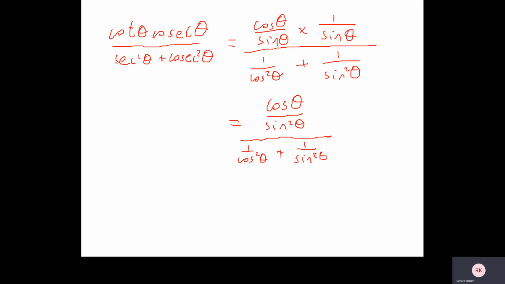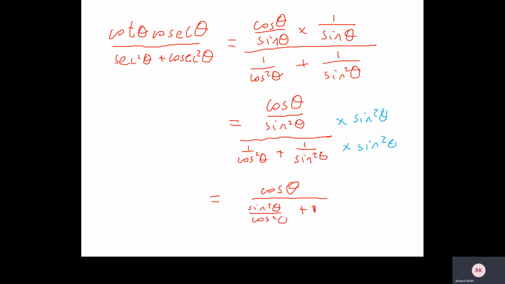I don't like those fractions, so I'm going to multiply top and bottom by sine squared theta. The top times sine squared gives me cos theta. The bottom, this one cancels to give me 1, and this one gives me sine squared theta over cos squared theta.